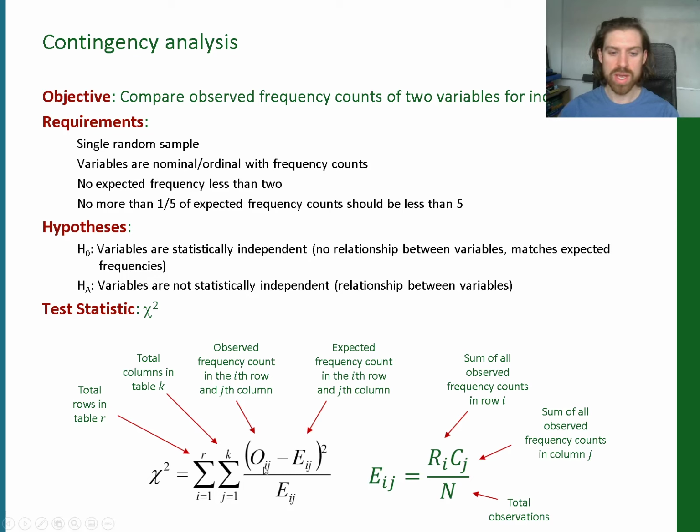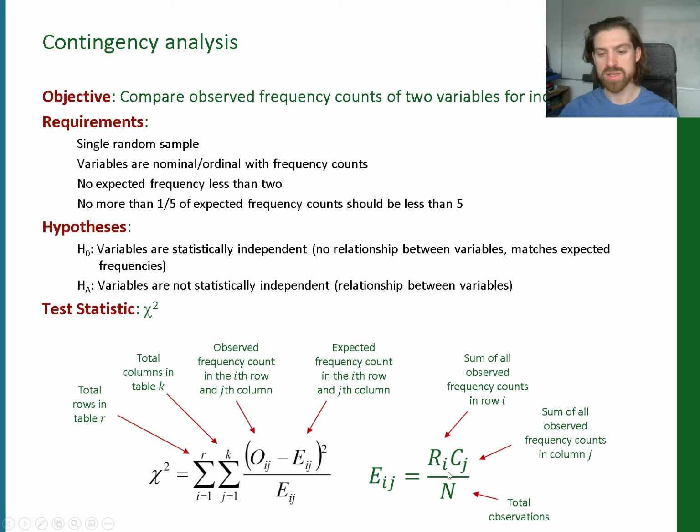So that's how we get the O_ij, the observed frequency count value, and then we want to get the same for the expected frequency count, which we do by calculating over here. So it's the sum of all of the observed row counts multiplied by the sum of all the observed column counts. So sorry, this is the sum of the rows and the sum of the columns.